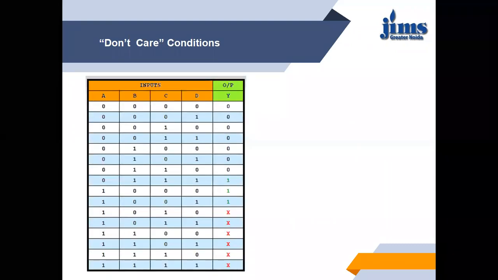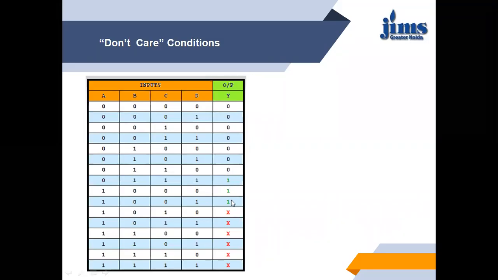Suppose this is a BCD input, a BCD number, and according to the input we have some outputs. So here these ones are the valid output, that is sum of product. Zeros are POS, product of sums, and beyond 9, that is from 10, 11, 12, 13 and 14, 15, these are known as the don't care condition.